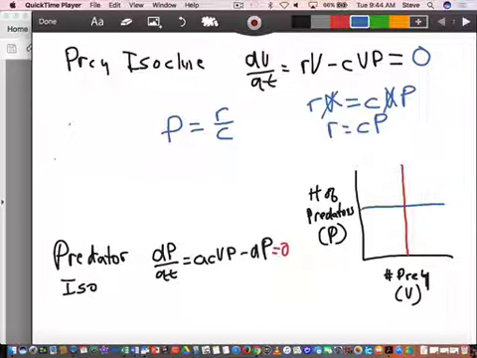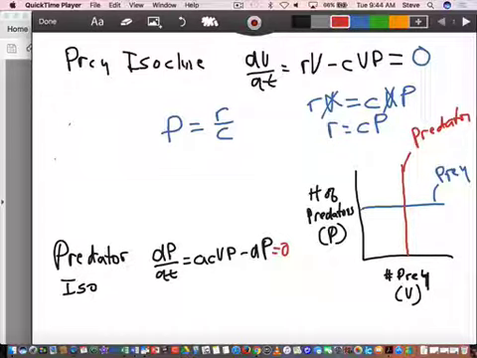Now here's the graph, and I plotted both of the isoclines. What we've solved for is this first one, and you'll wonder why I'm putting it there. I'll try to explain. This is the prey isocline, and this is the predator isocline, which we'll get to eventually.